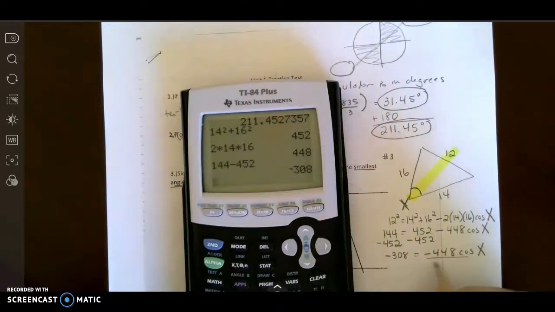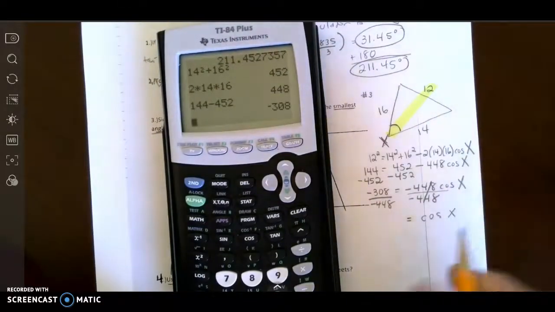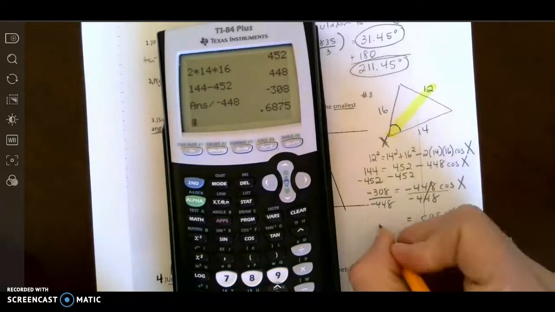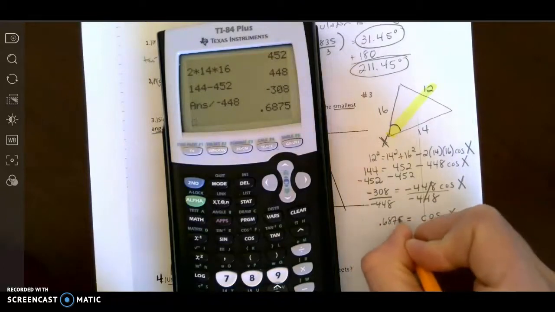Going to get rid of this negative 448 by dividing. And I get that the cosine of x, let's see, negative 308 divided by negative 448, is 0.6875.